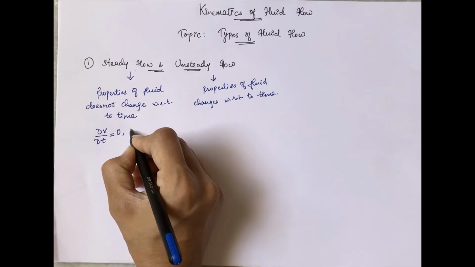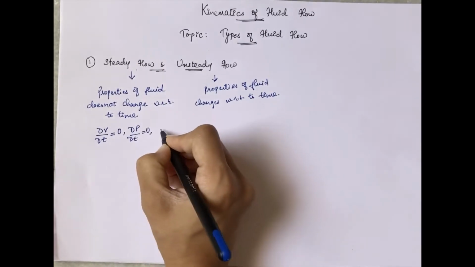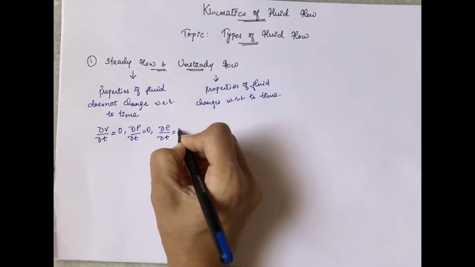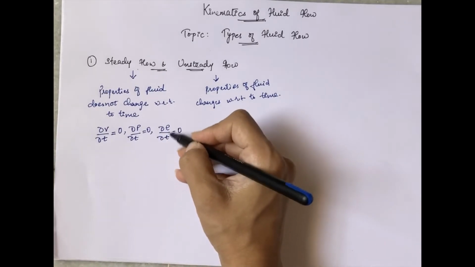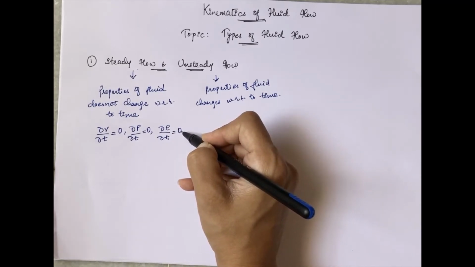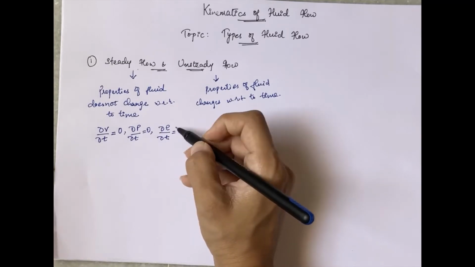Similarly, we can write for pressure as del P by del T is equal to 0. For density, del rho by del T is equal to 0. So this rate of change of density with respect to time is 0, meaning it is not changing with respect to time.